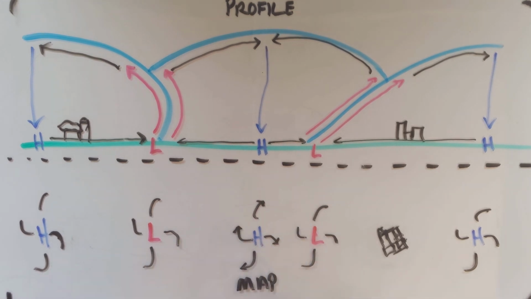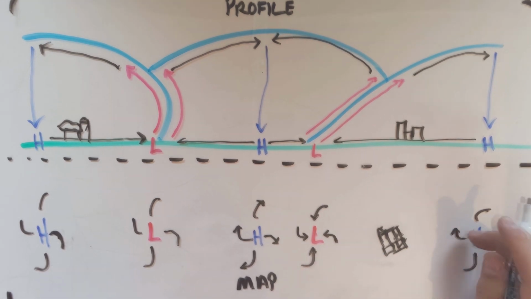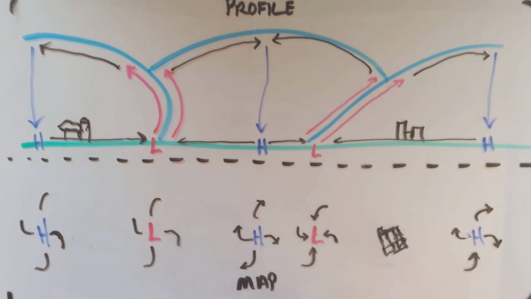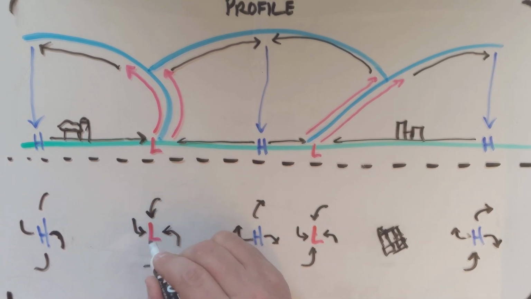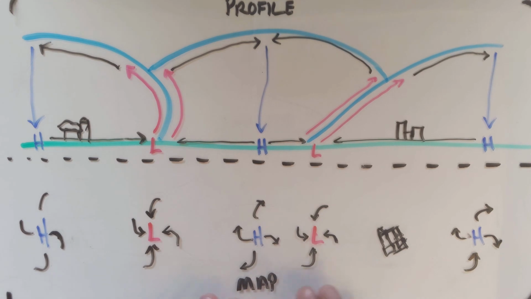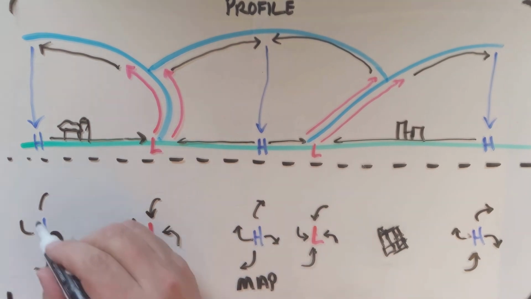On a low, winds go to the low, so the arrowheads are going to be pointing inwards towards the low. Out from the high, into the low. Out from the high, into the low. And those are your basic windmill patterns.